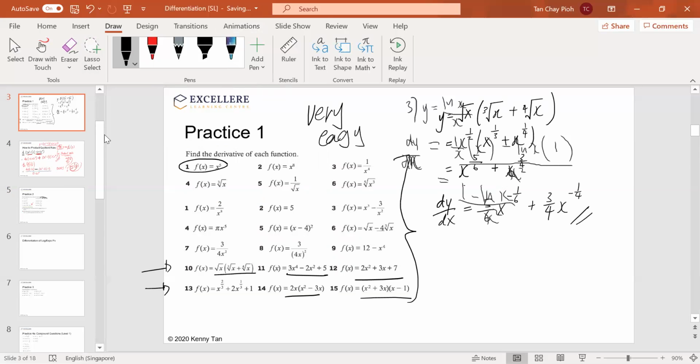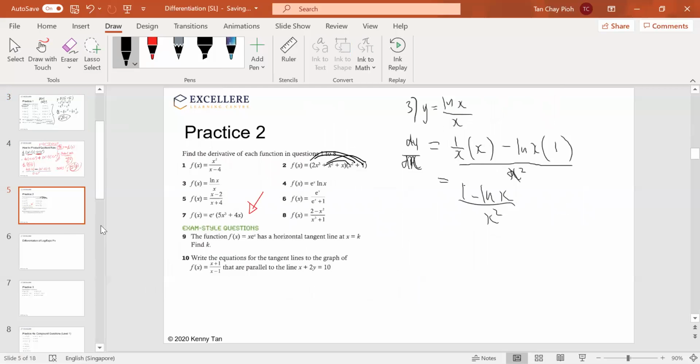Something super easy, you do. Actually, chain rule is inside product rule and quotient rule. Because what exactly is chain rule? It is to bring the power down, and then minusing the original power by 1. Yeah, that is what chain rule is about. So chain rule is inside the whole of differentiation. It forms the basis of differentiation.